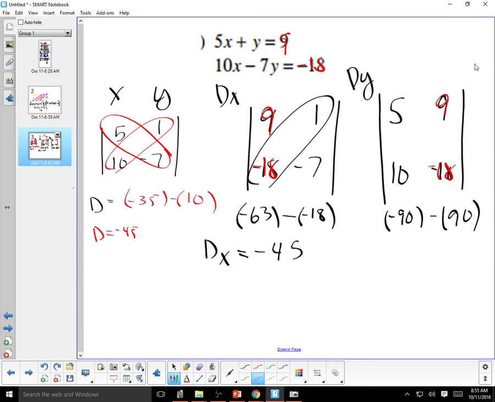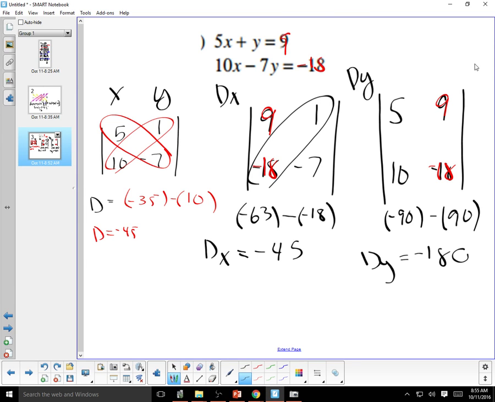Does it matter if we do dy first? Not really, they're not the same matrix. Because remember, your solution is one point, which is x comma y. That's why I do x and then y. But if you want to do y and then x and then swap your answer at the end, cool. What is that, -180, right?